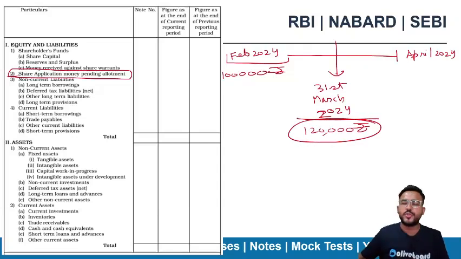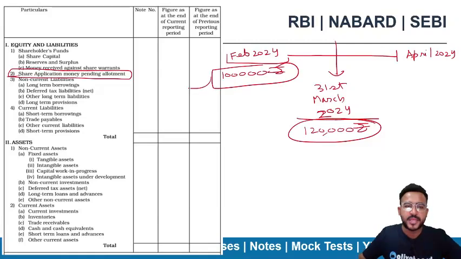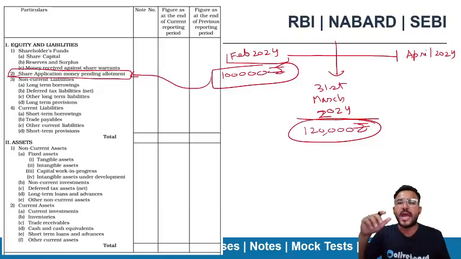Now I need to show this somewhere in the balance sheet, right? So this 1 lakh rupees is nothing but share application money pending allotment. This is the share application money, but I am yet to allot the shares.